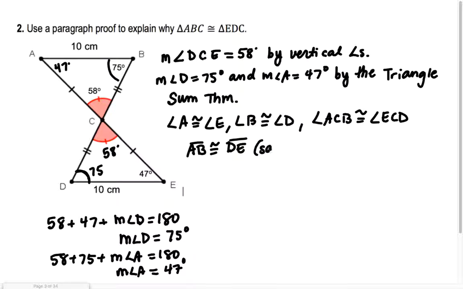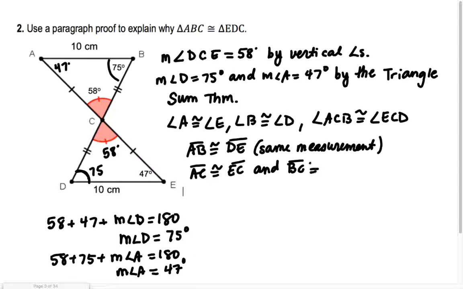Because they have the same measurement. And we knew that AC is congruent to EC, and BC is congruent to DC. That's a weird C. We're given.